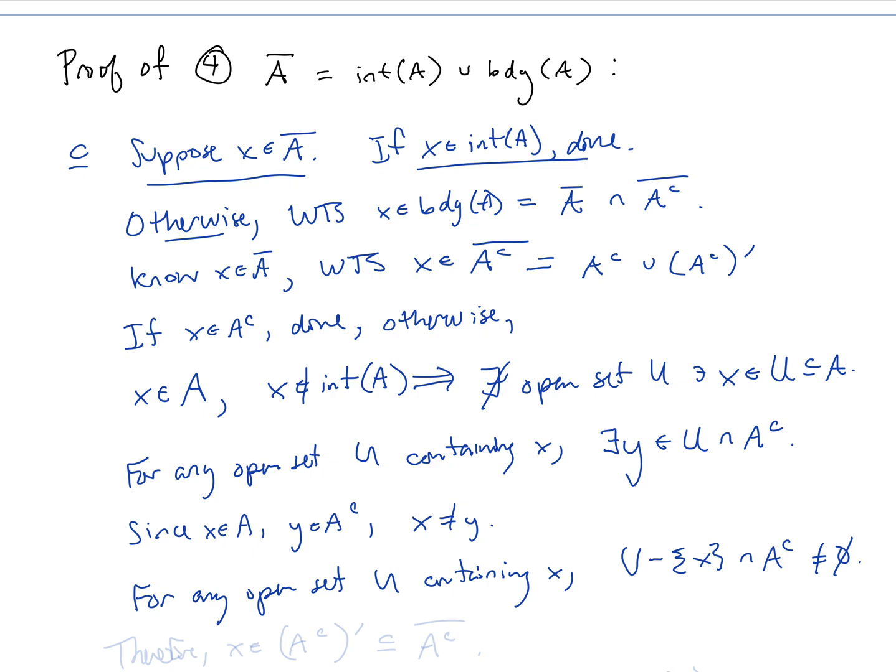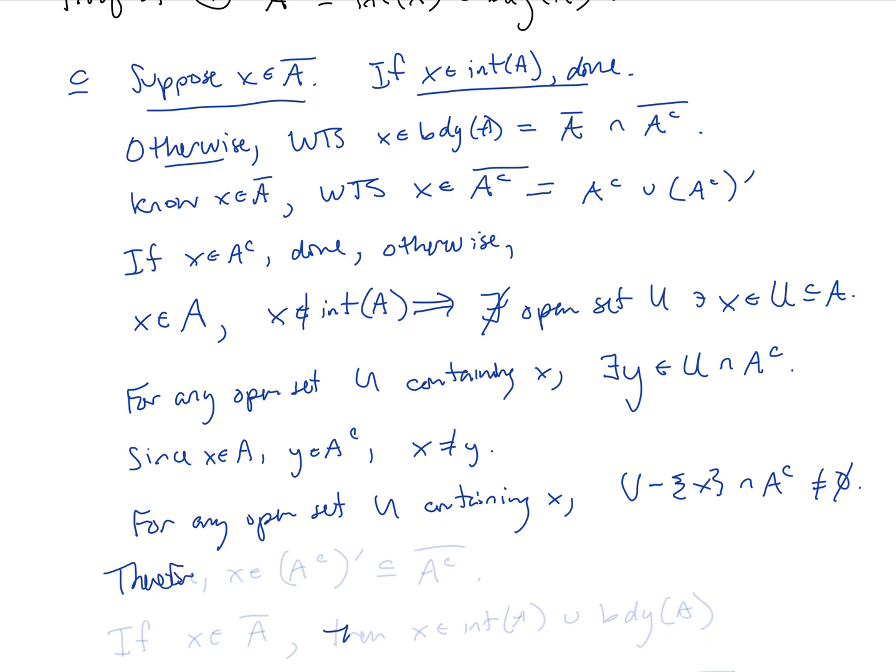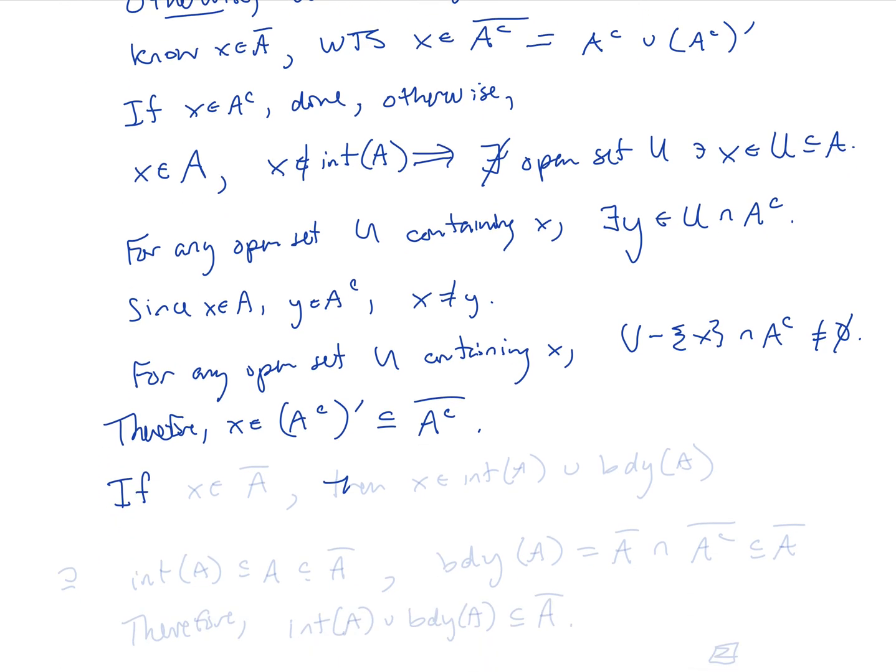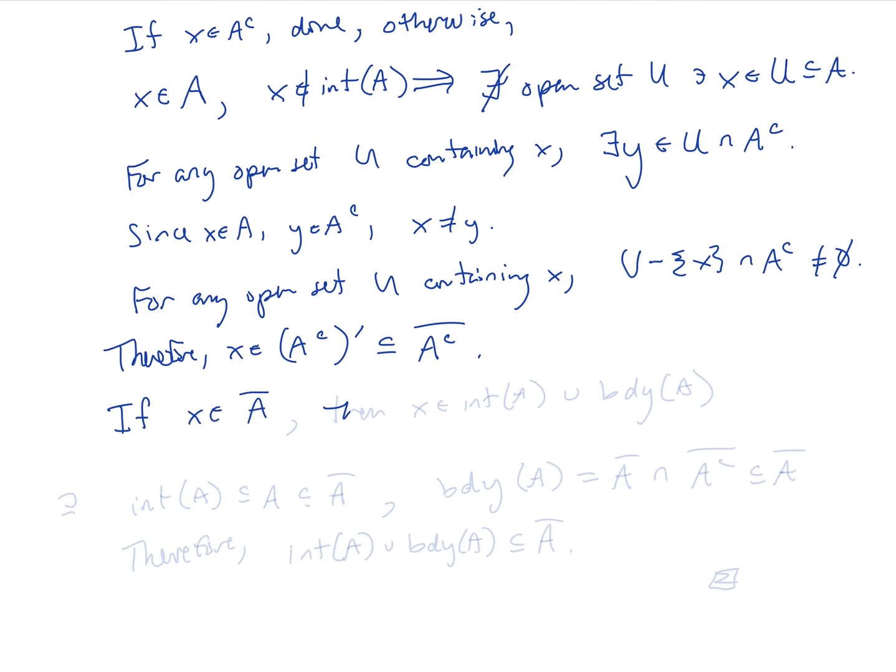In other words, therefore, X is an element of the limit points of A complement, which is a subset of A complement closure. So we have shown that if X is an element of A closure, then X is either in the interior of A, or if it's not in the interior of A, then it's in the boundary of A because it is in both A closure and A complement closure.